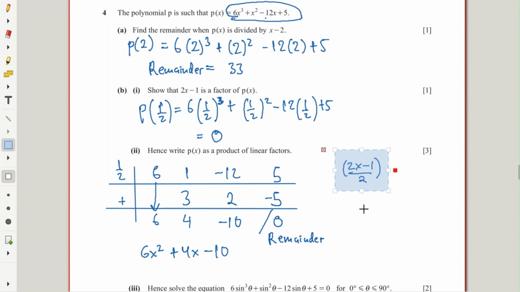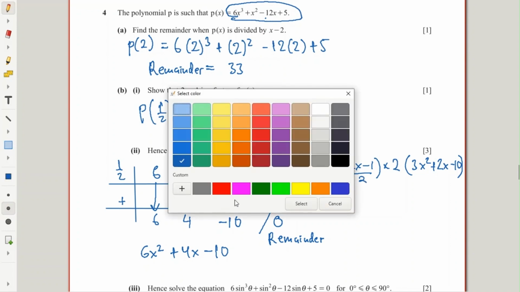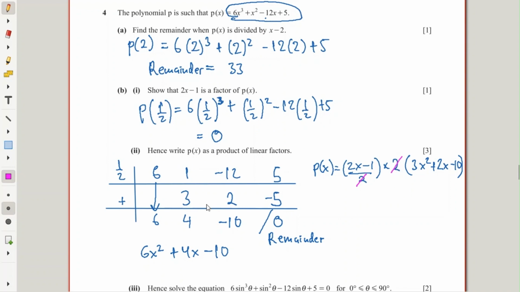Okay. So now p of x is equal to this factor, which is the same as this, multiplying this. Now here they all have 2 in common, so I can factor 2 out. So let's see, this and this will cancel, right?